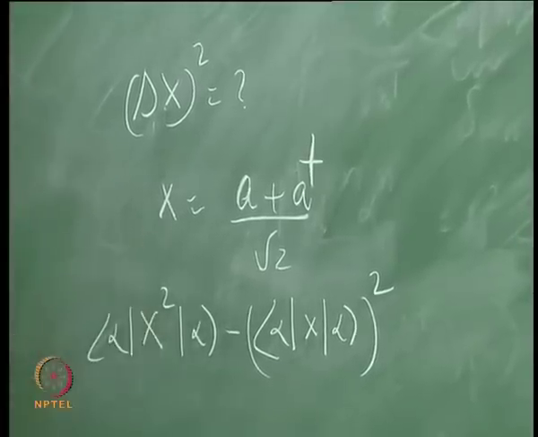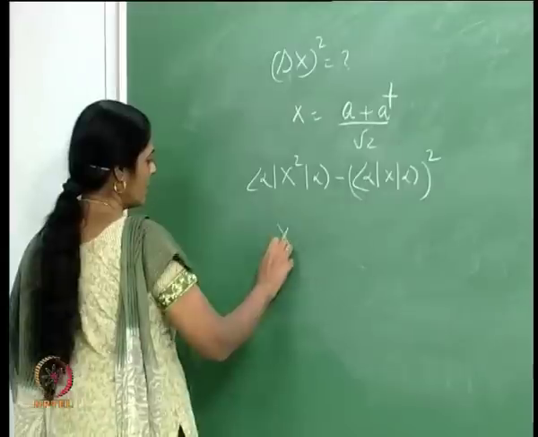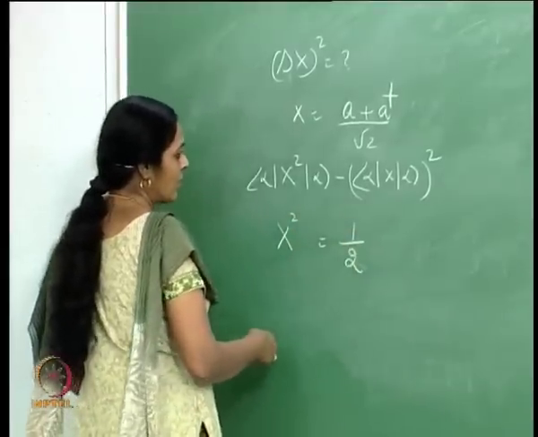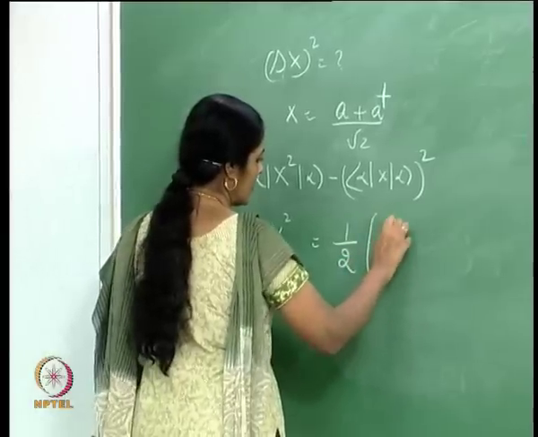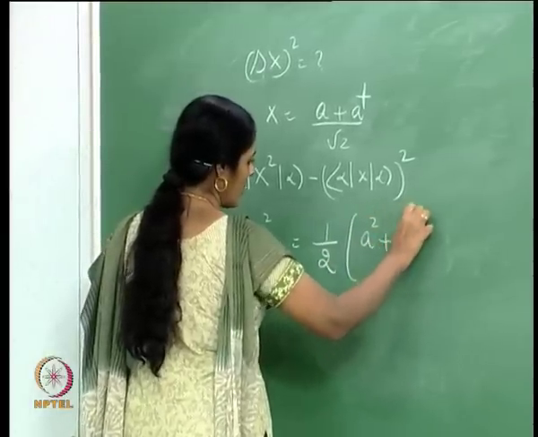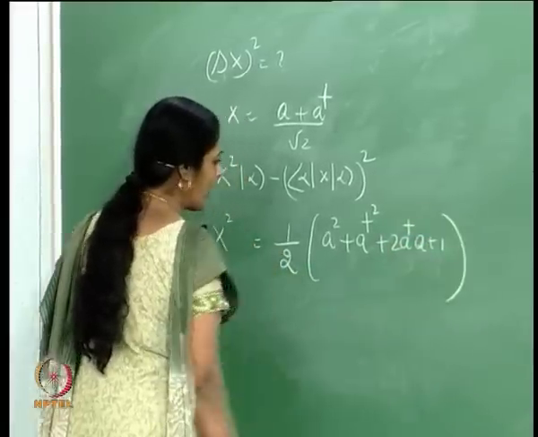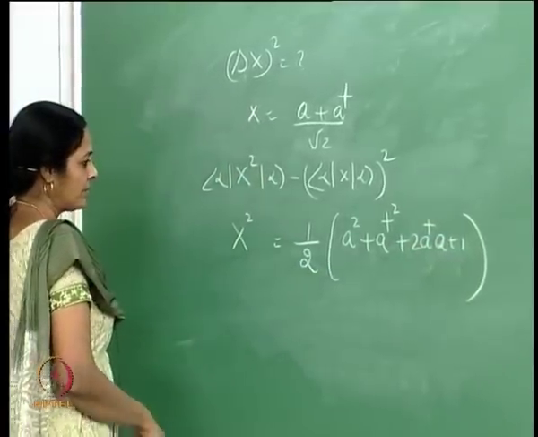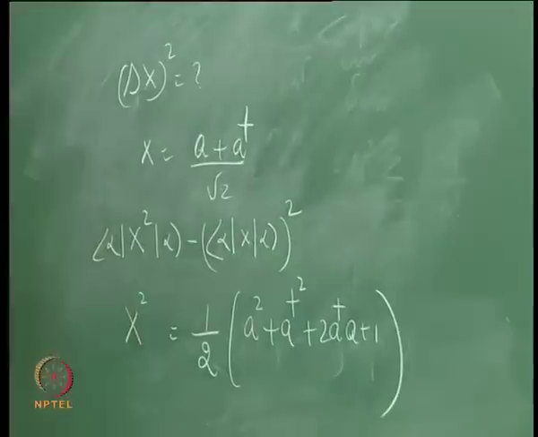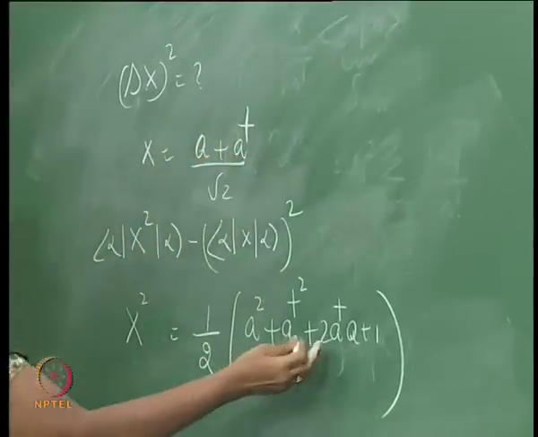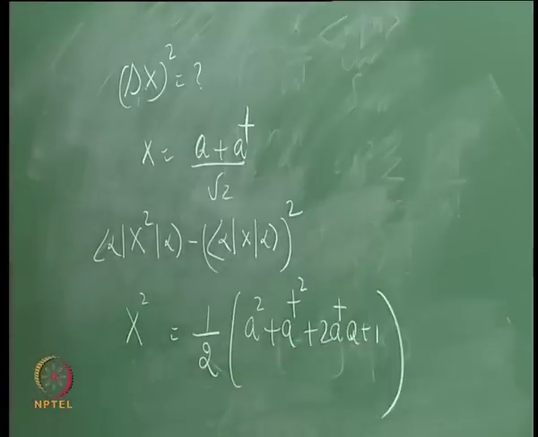So, let me begin with expectation x squared. X squared, even from the last lecture, is simply a squared plus a dagger squared plus 2 a dagger a plus 1, because in x squared you would have had a a dagger plus a dagger a, and I use the commutation relation and get this.